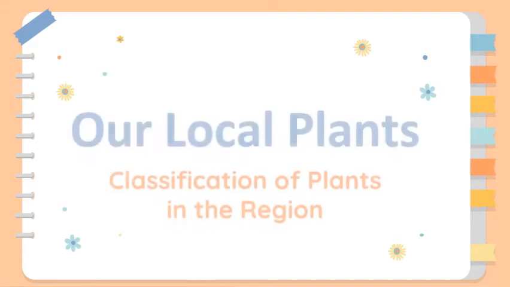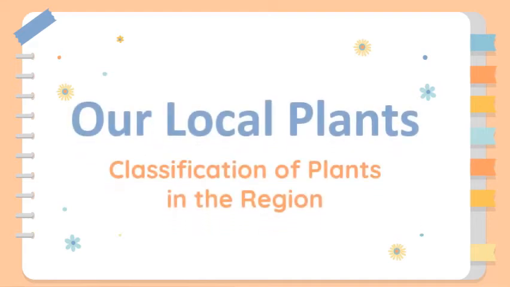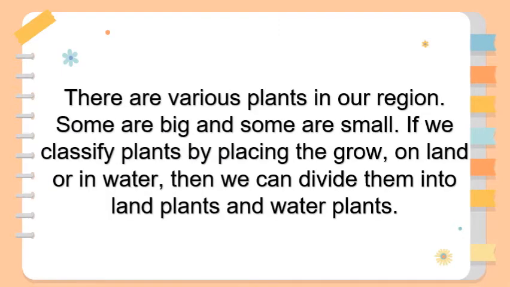Our lesson is classification of plants in the region. There are many plants in a region. Some are big and some are small. If we classify plants by placing the grow on land or in water, then we can divide them into land plants and water plants.